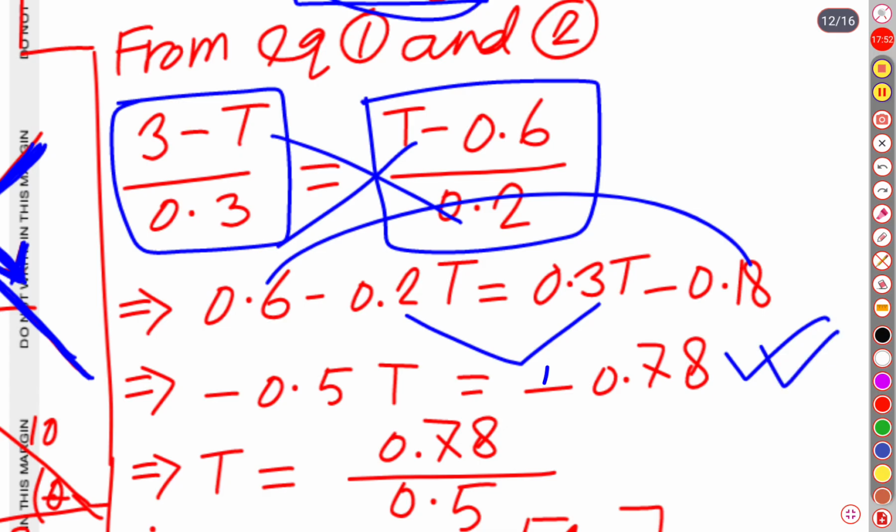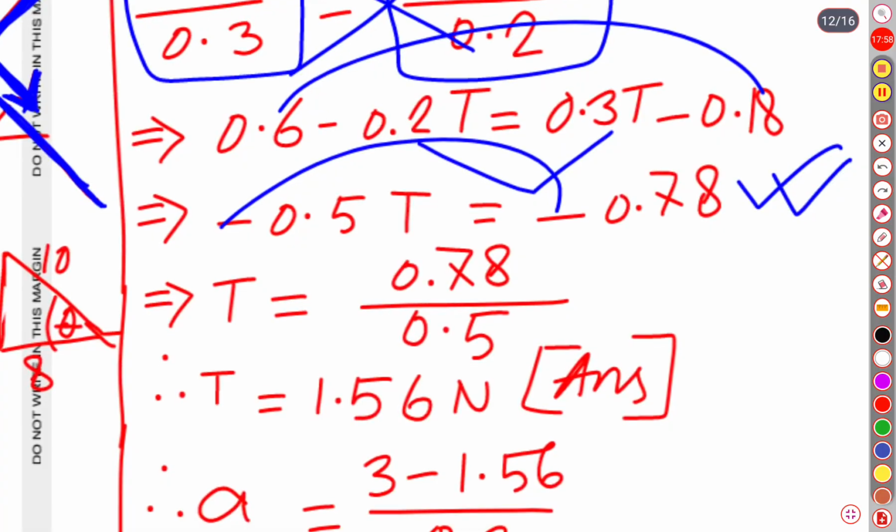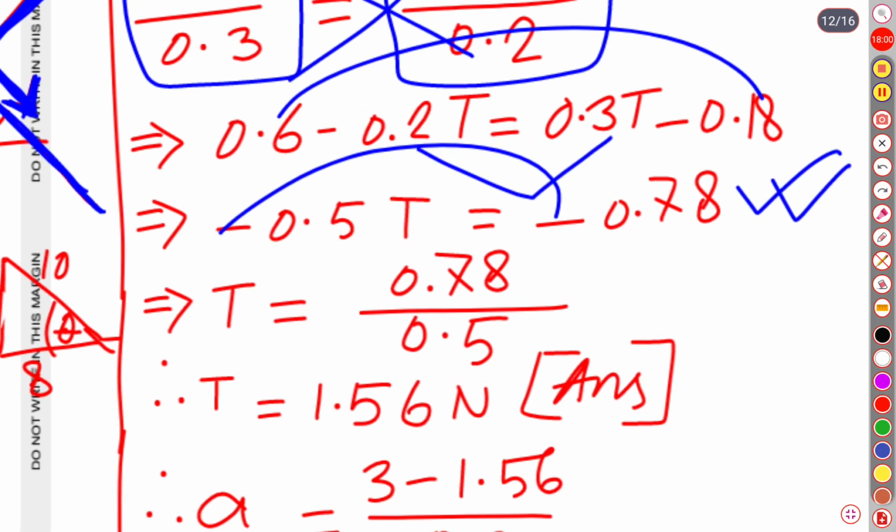Both of the sides have a negative symbol, which can be omitted. So t is equal to 0.78 over 0.5, if this 5 is transposed to the right side. So ultimately we have got that our tension is 1.56 Newton.